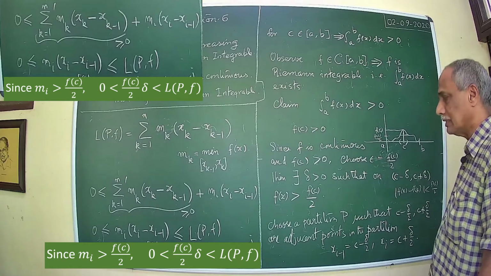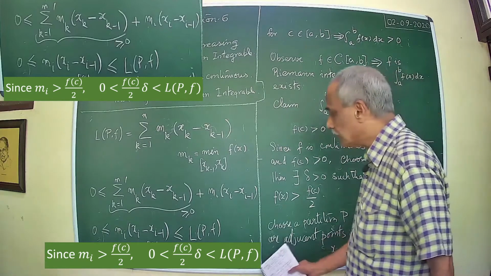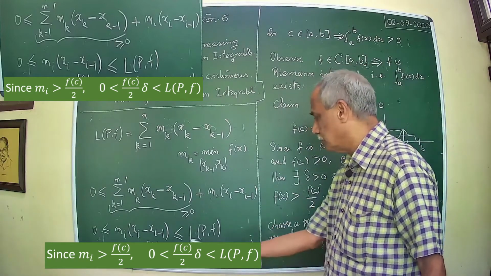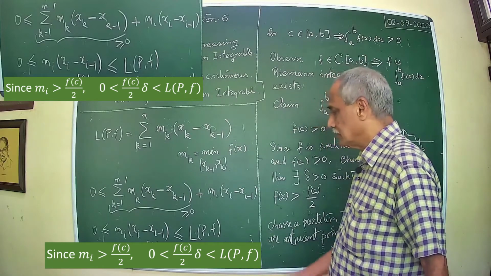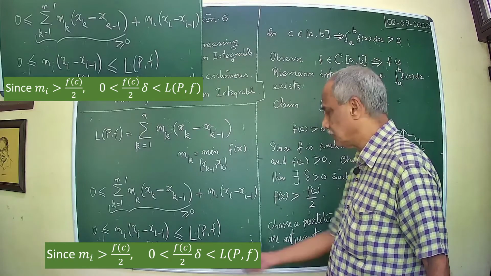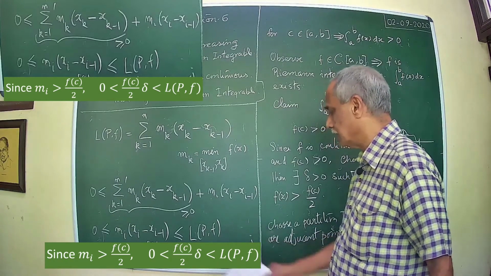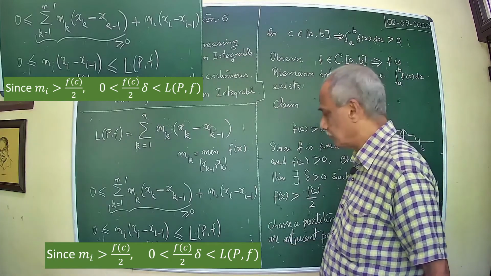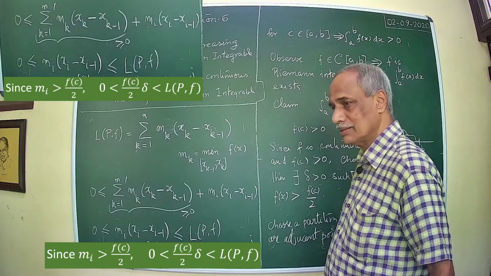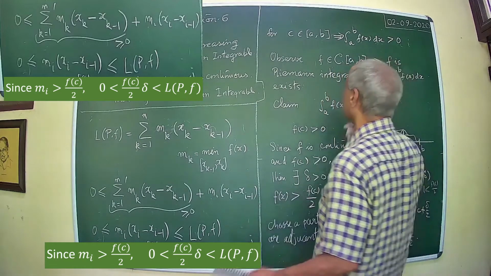Therefore, you see that L(P,f) is bounded away from 0 by f(c) by 2 into delta, and f(c) is positive. Therefore, what does it say? L(P,f) is positive.